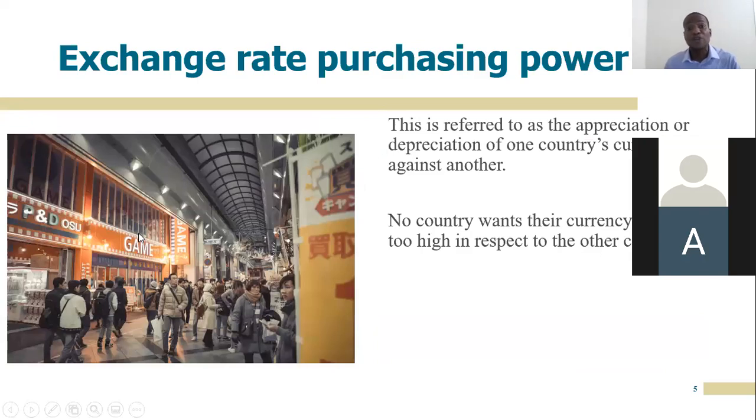Now, exchange rate purchasing power. Well, for instance, in Jamaica, as the currency depreciates, which means it takes more Jamaican dollars to get to $1 US, what that does is that even if in the US the prices have not increased, because of that devaluation to Jamaicans, that price has increased.